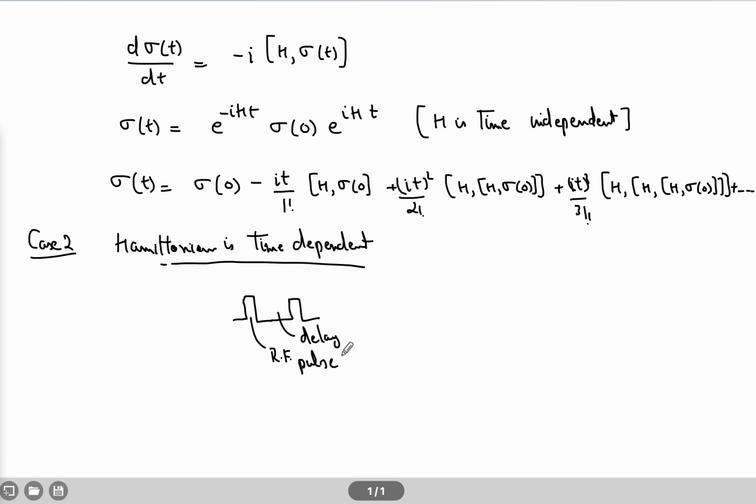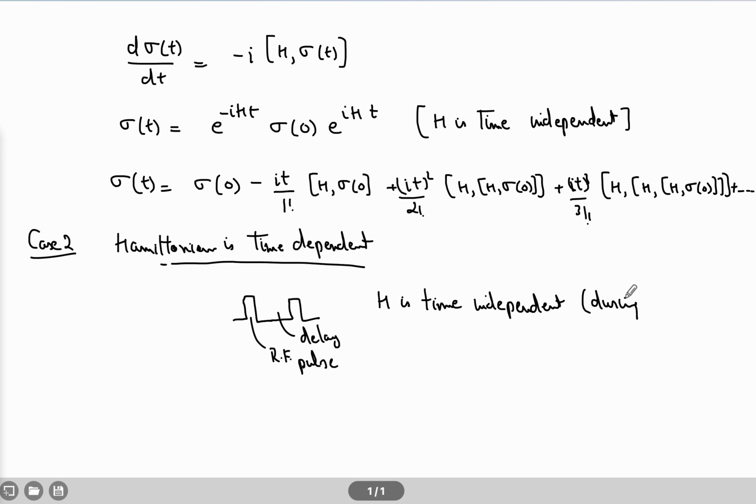So during delays, if one considers, let's say, no spin-spin interaction or no spin-spin coupling happening and only the chemical shift Hamiltonian being applied, then the Hamiltonian is time independent, right? So H is time independent if the simple case of no spin-spin coupling is considered.